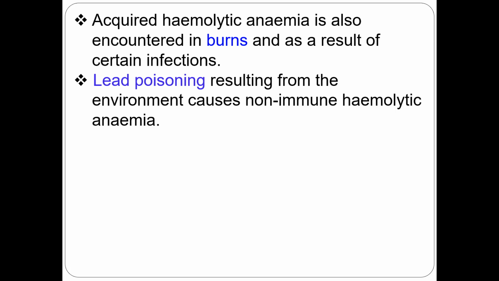Lead poisoning can also cause red cells to be more fragile and they are hemolyzed. This is not an immune cause. Whenever we mention immune, we are looking at an antibody-antigen effect. But in this case, the lead causes the cells to be more fragile and then they are hemolyzed.